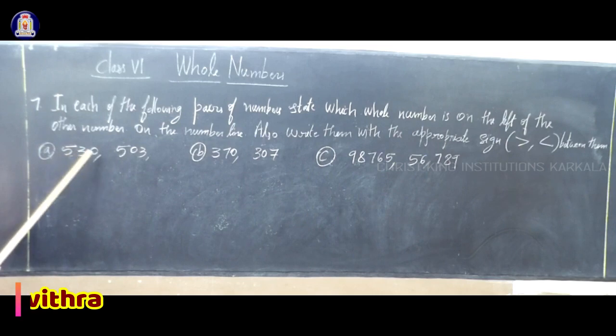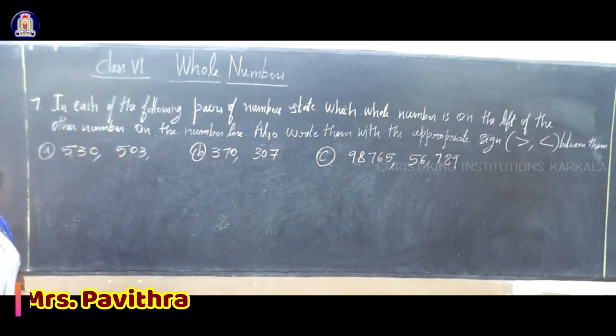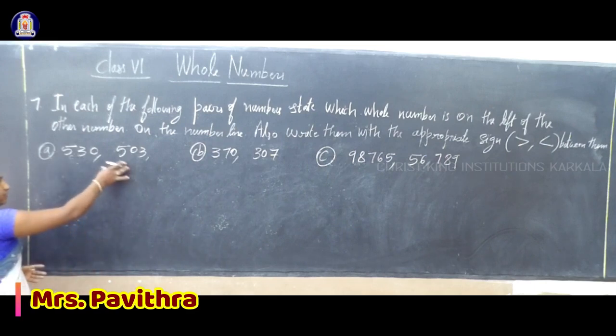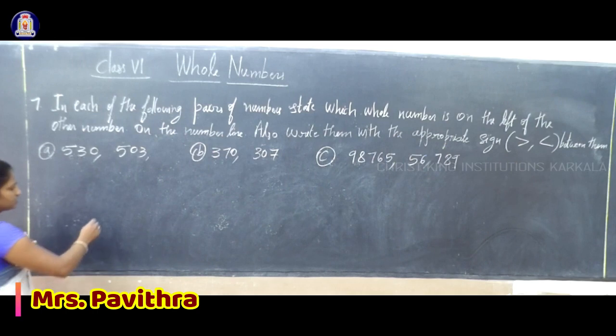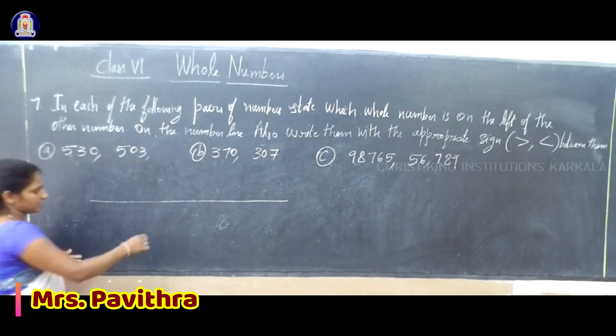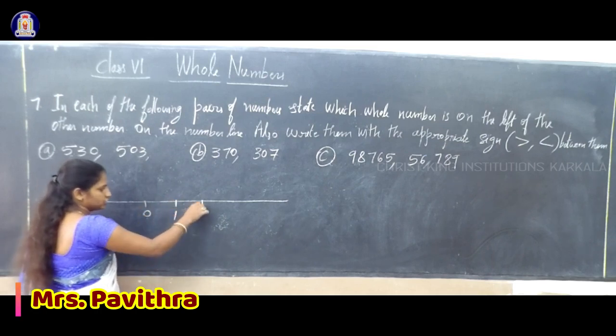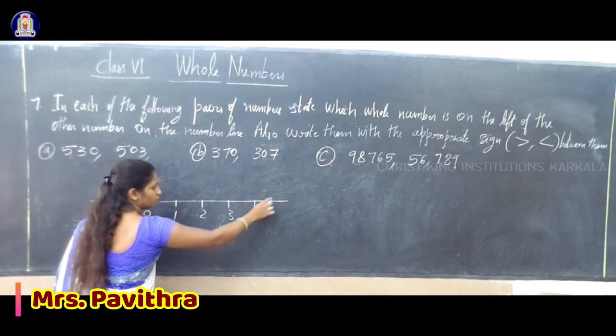Clear? So 530 and 503. So in this you have to write on the number line which number is on the left side. Clear? So first you can draw one number line and see. For example, if I consider here the number is 0 and 1, 2, 3, 4, 5 like this.